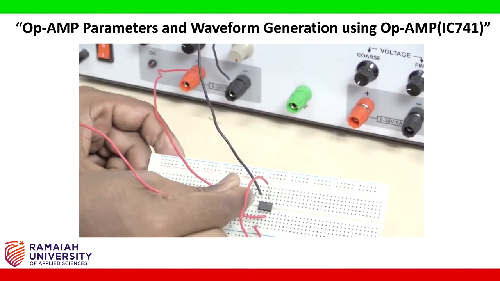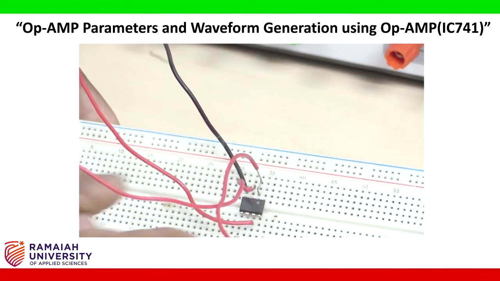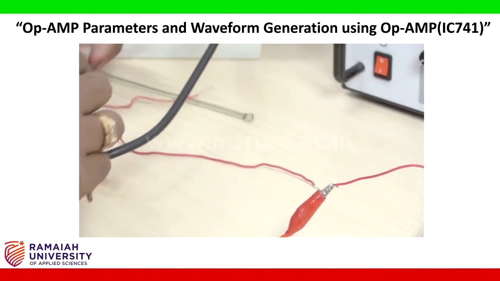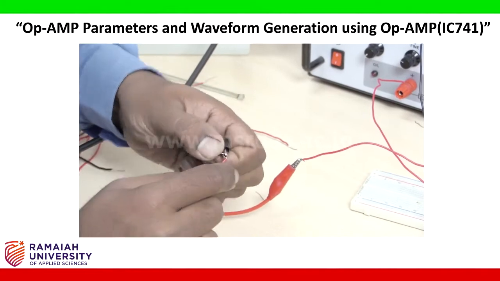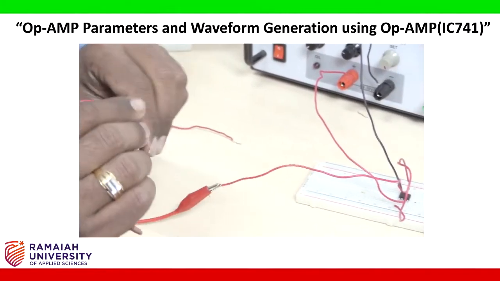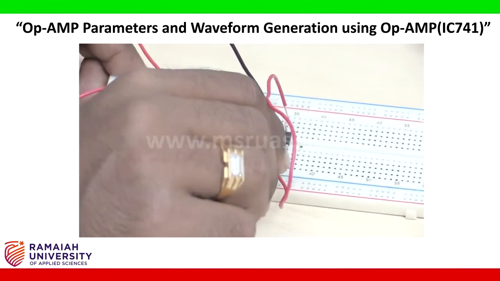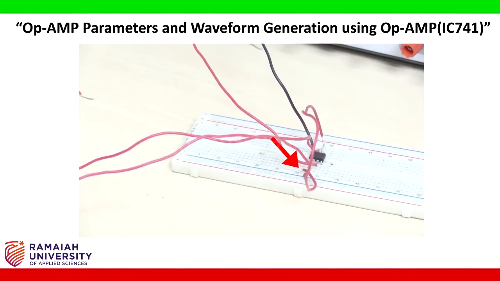You see the terminal number 3 is here. I am connecting this to terminal 3. Negative, I connect the negative to, I made the ground somewhere here. Okay, this is connecting the input terminal to the circuit.